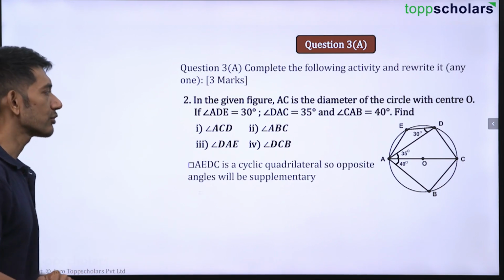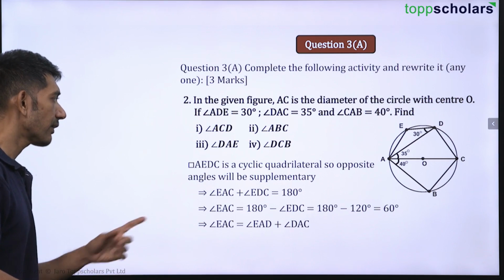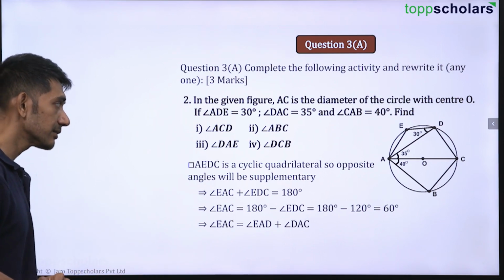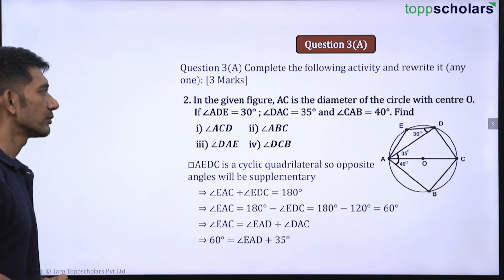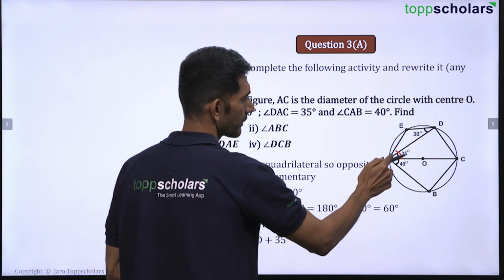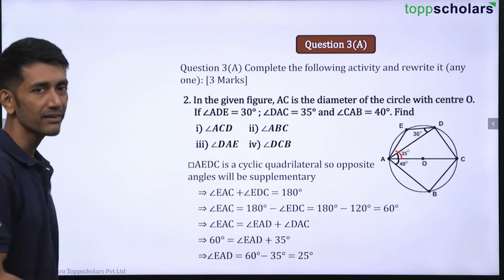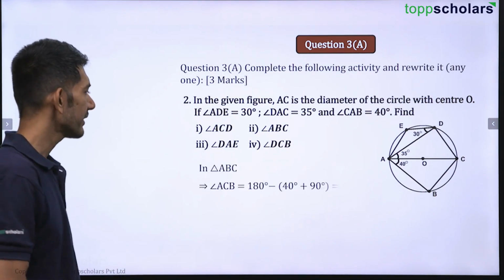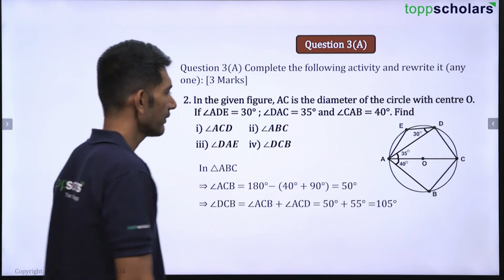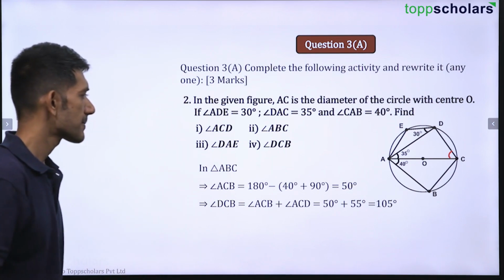And then we applied the concept of cyclic quadrilateral, and in this way we found out EAC first, which is 60. So once we got EAC, which is 60, we subtracted 35 to get 25. So that became 25, EAD. And then finally we got this angle as how much? 50.